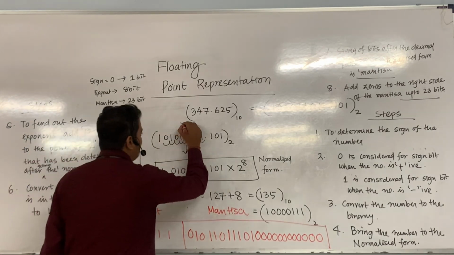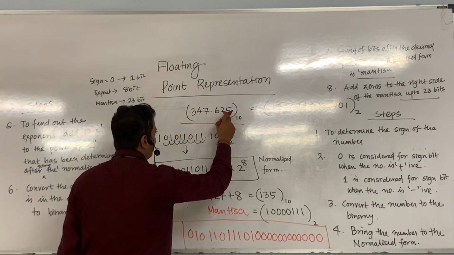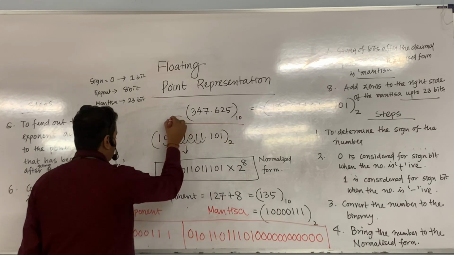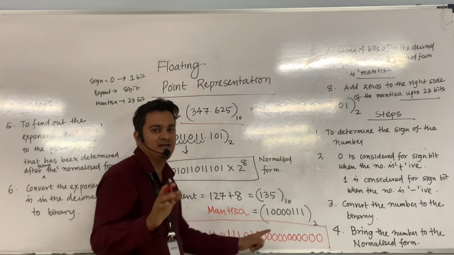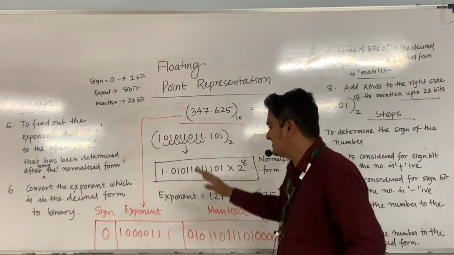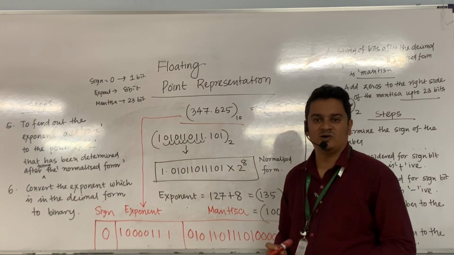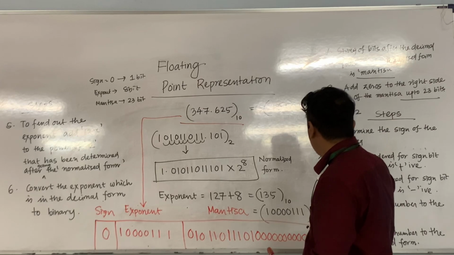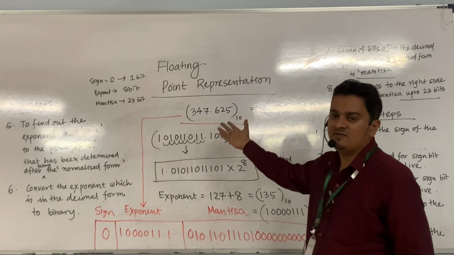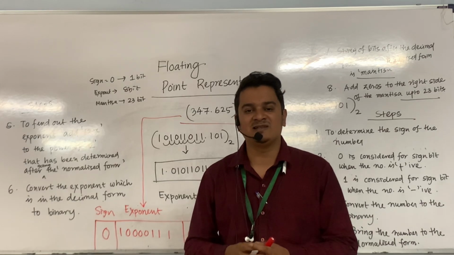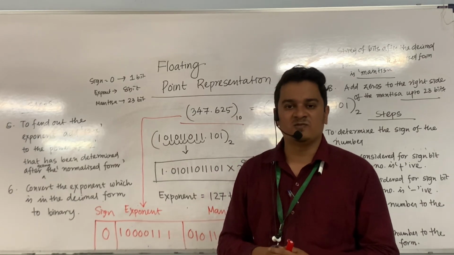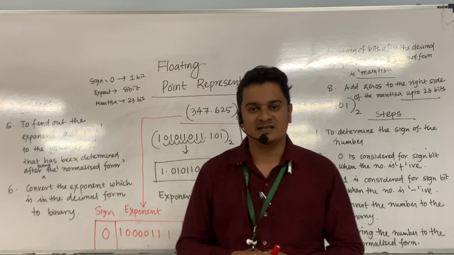So this decimal number 347.625 is now represented in single precision floating point. This is all about the floating point representation. You can remember these steps, and if any value is given, you can follow these steps and represent that number in floating point representation.